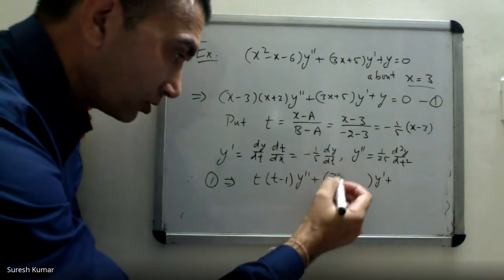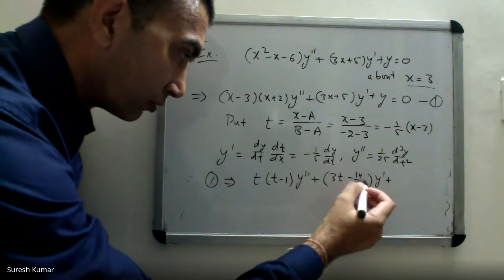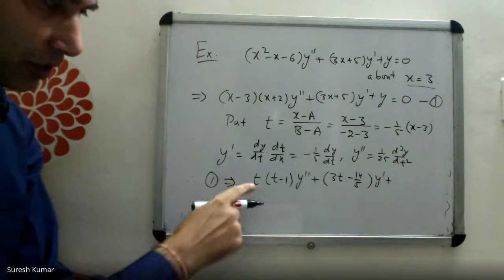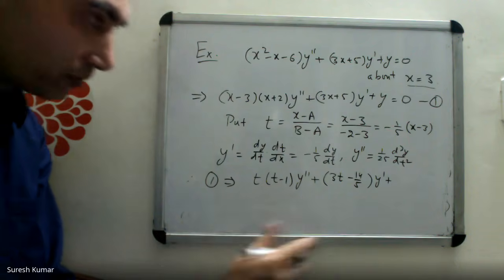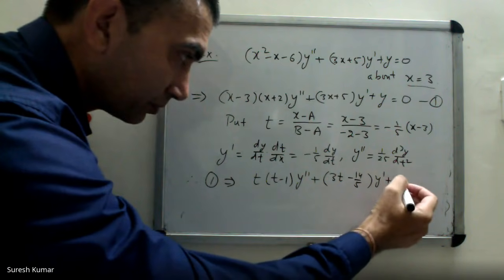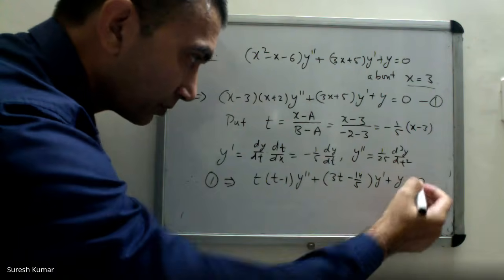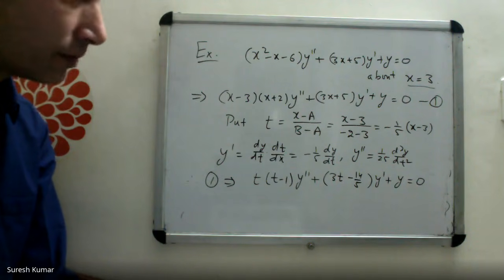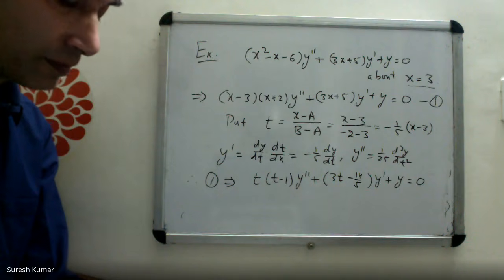It is (14/5 minus 3t), or 3t minus 14 over 5. I am writing t into (t minus 1). Is it right? Yes, sir.